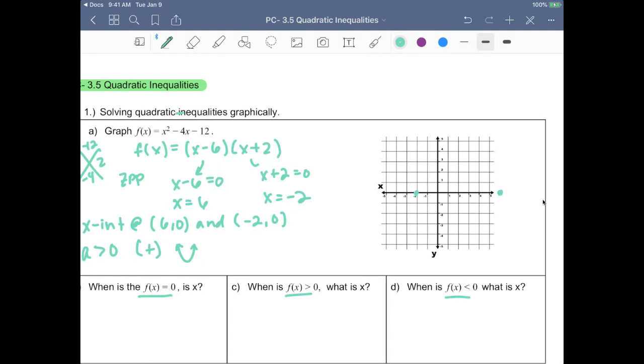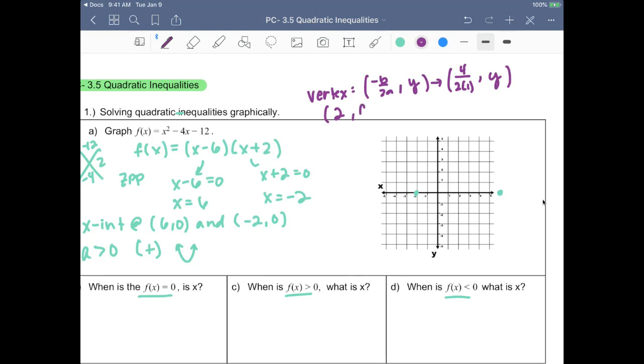And I can also solve for my vertex. My vertex would be negative b over 2a, comma, the corresponding y. So we get 4 over 2 times 1, which gives me 2.